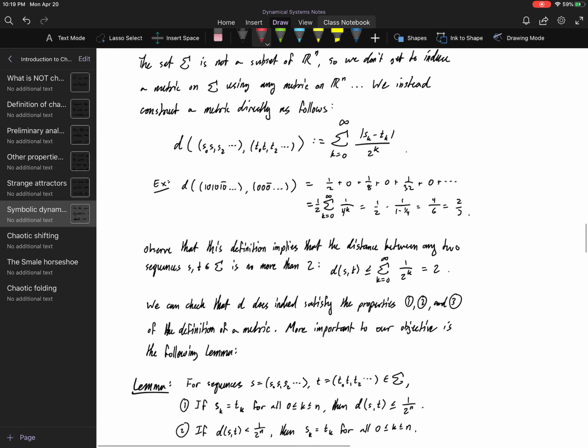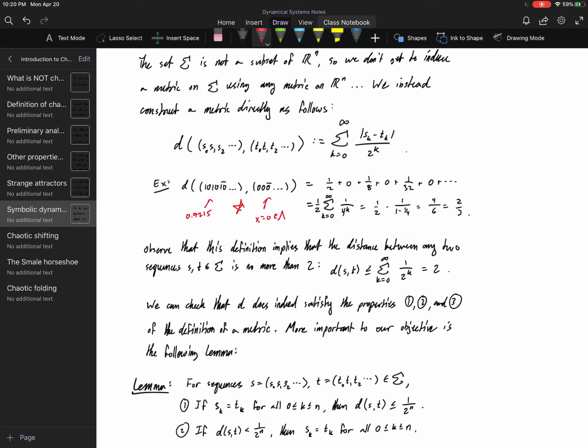To give you an idea of what this metric looks like, consider measuring the distance between two points. The fixed point at the origin, which we identified with x equals 0 in the logistic map on the set lambda, and then this one, which was one of our period 2 orbits, about 0.9215.